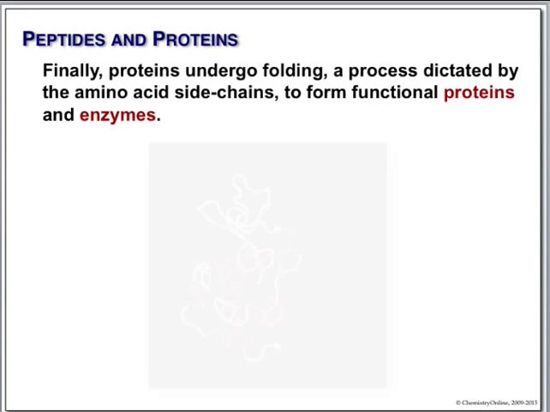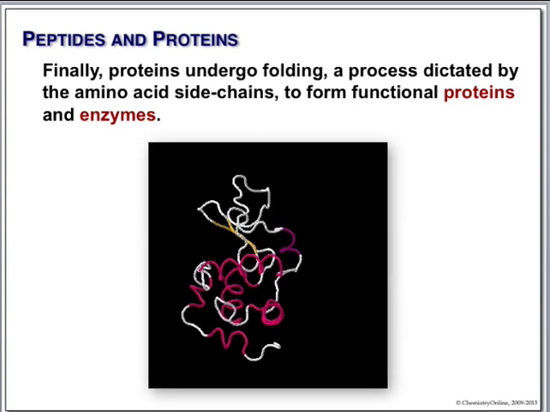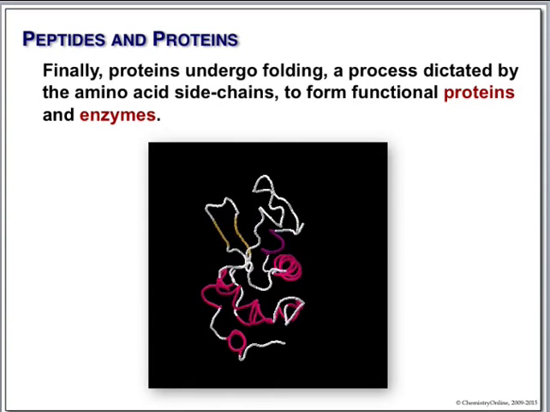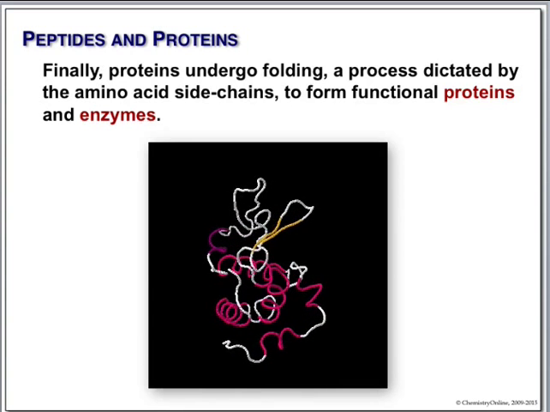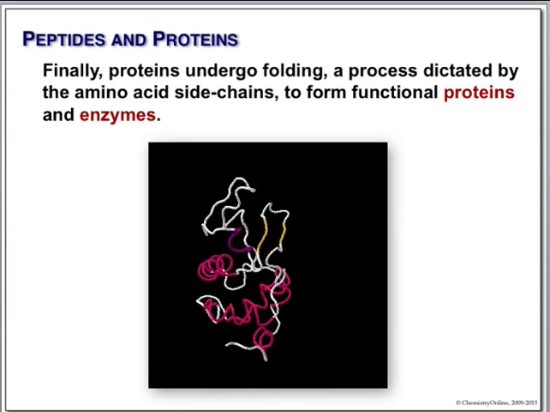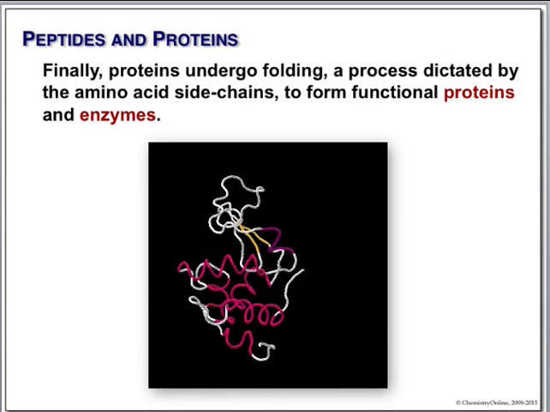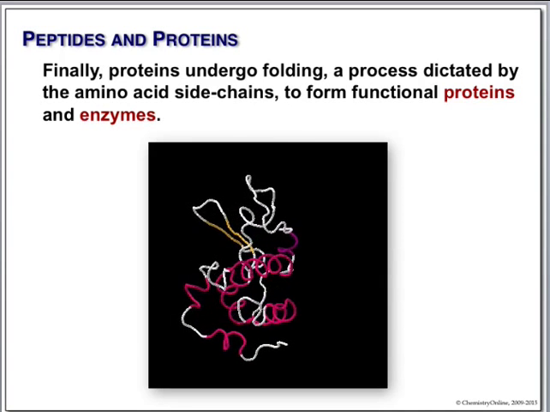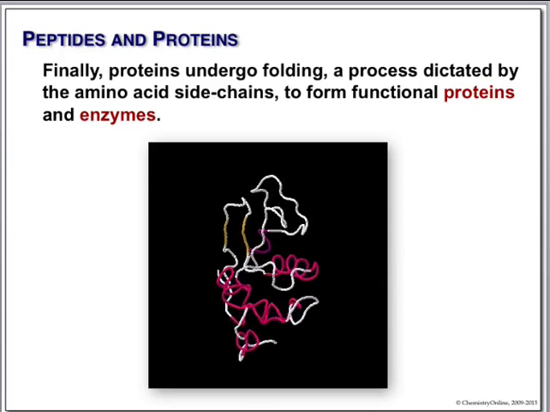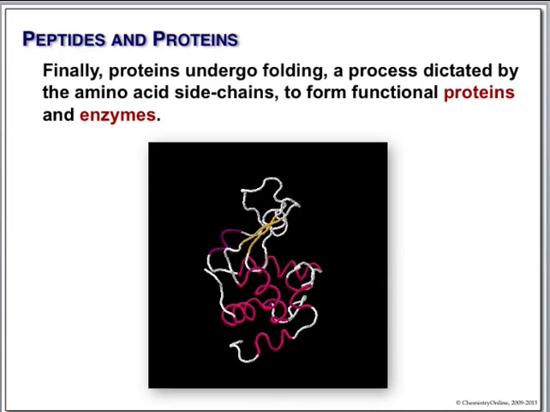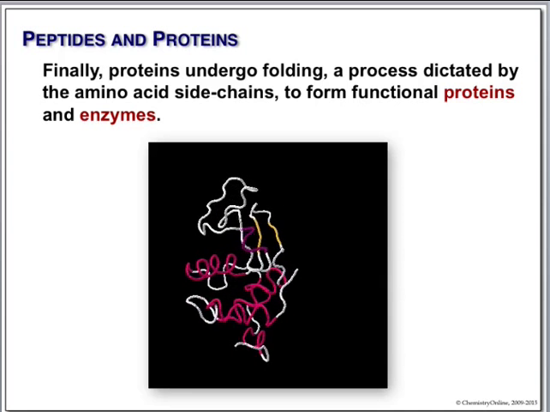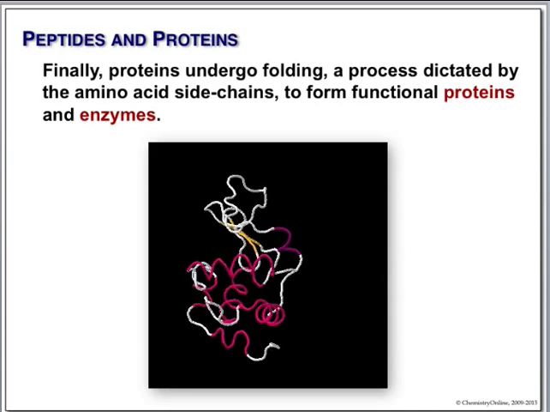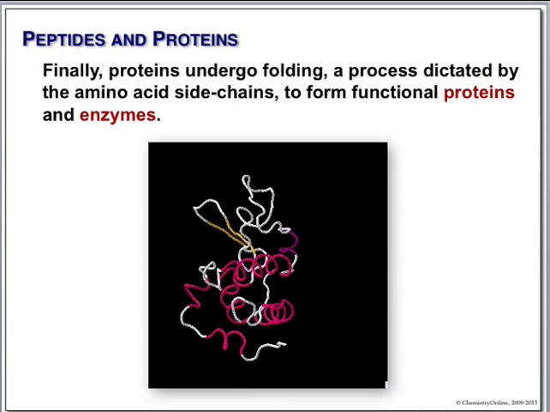And it'll fold up into a very, very unique structure. This is the enzyme lysozyme. Again, this is nothing more than our polyamino acid backbone, but as you see, different regions will coil up. Here we have what's called a beta sheet in between. These are loops and stuff like that.